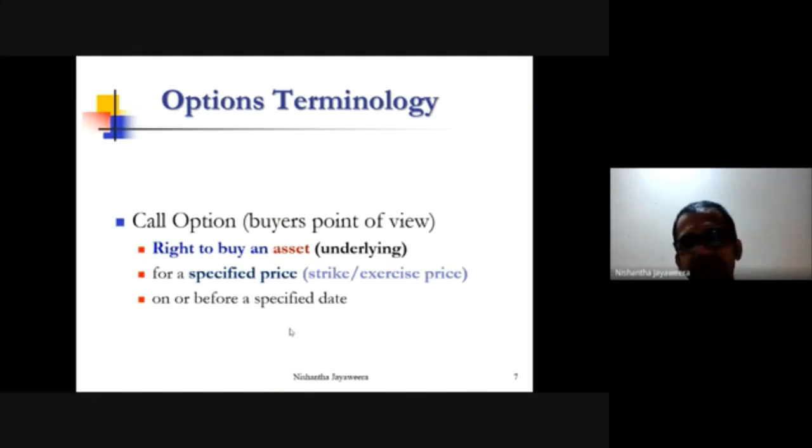However, here we are not going to distinguish between OTC traded options and exchange traded options. The only thing is, whenever it comes to an exchange, the specified date and the specified price, you cannot customize. That will be defined by the exchange.